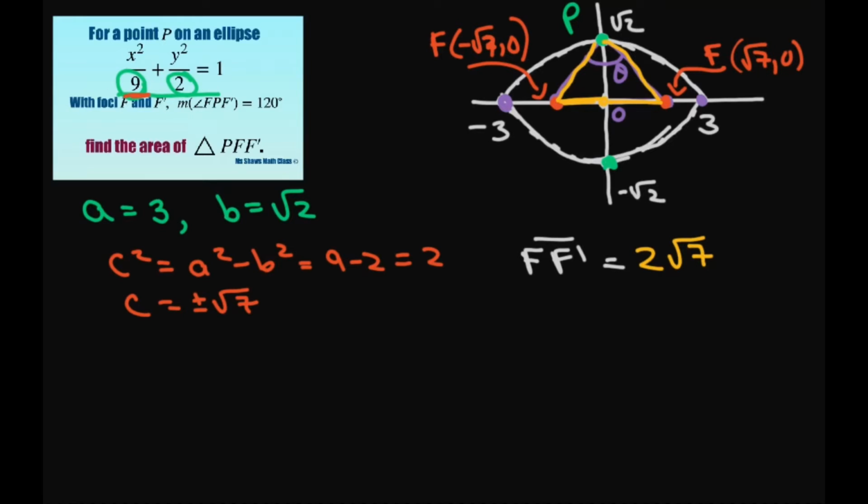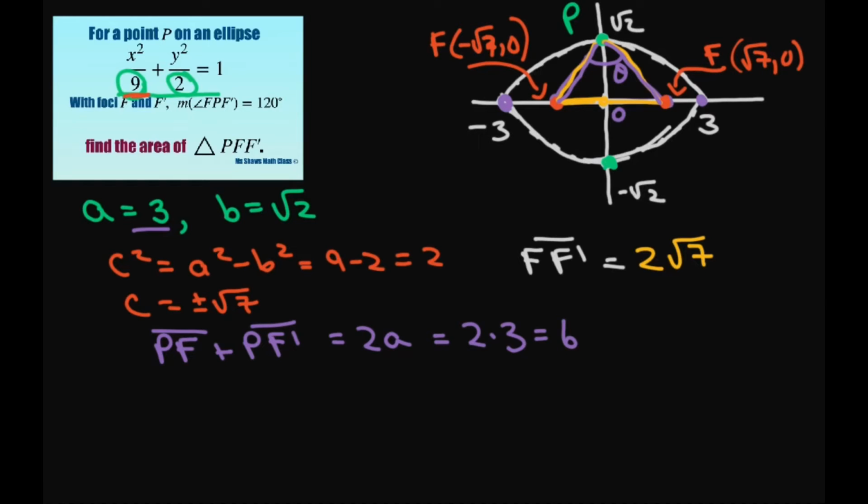Now, by definition of an ellipse, PF plus PF prime segment, so these two right here, equals 2A. And our A is given as 3, so that's 2 times 3 equals 6.